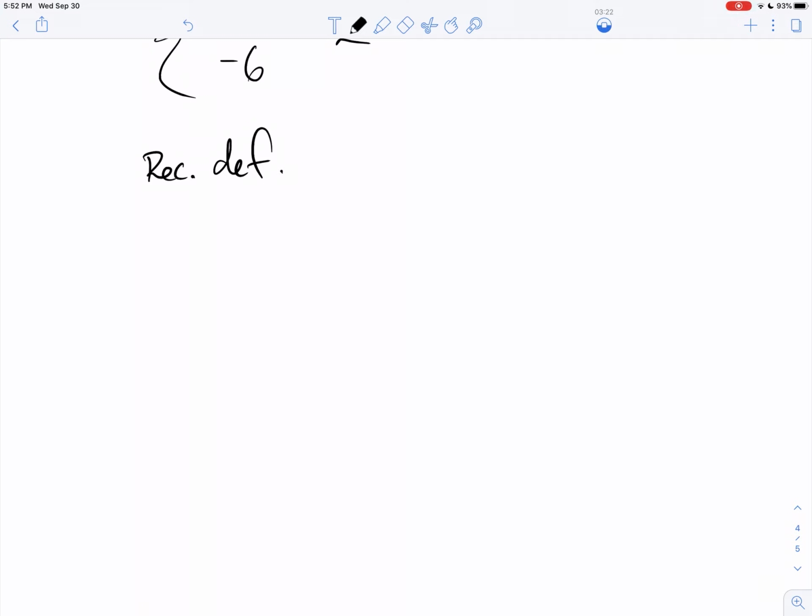One of the ways to describe a sequence is with a recursive definition. For geometric sequences, it's very similar. Here is our format. We say A1 equals the first term.